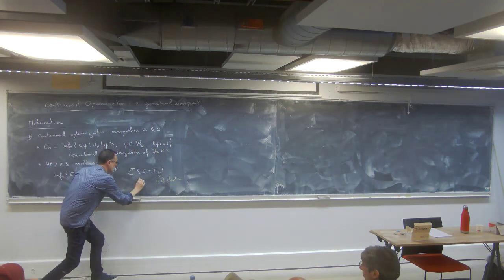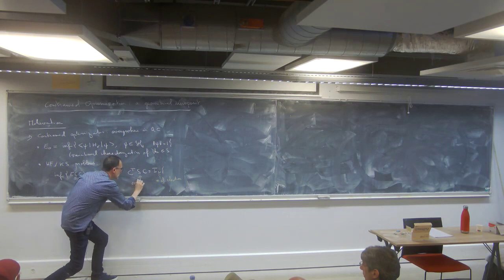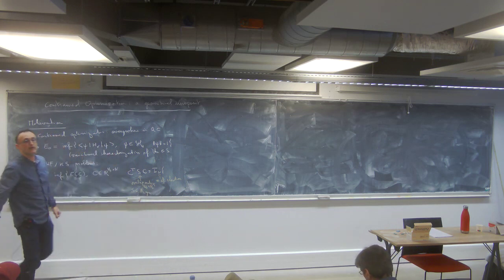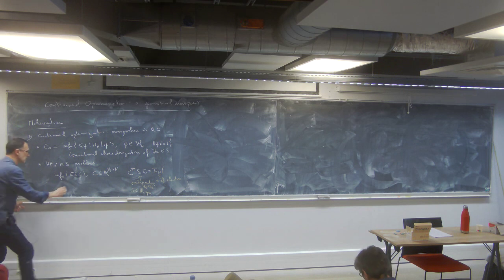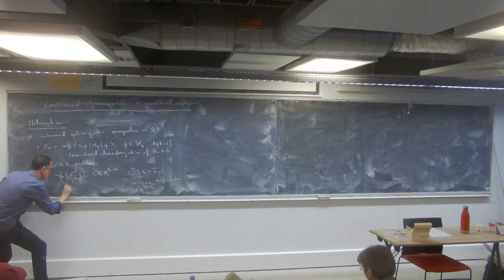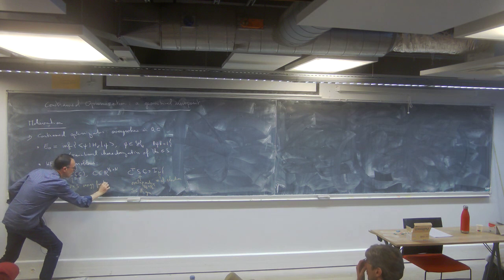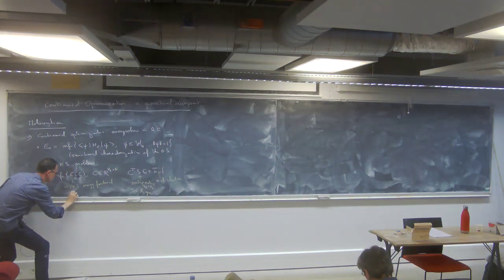Here I have the overlap matrix S, a square matrix of size NB times NB, which is symmetric. And this is the Hartree-Fock or Kohn-Sham energy functional in the basis set.